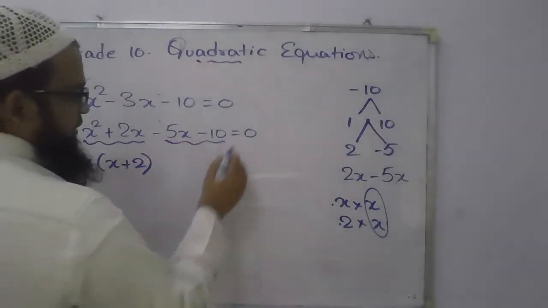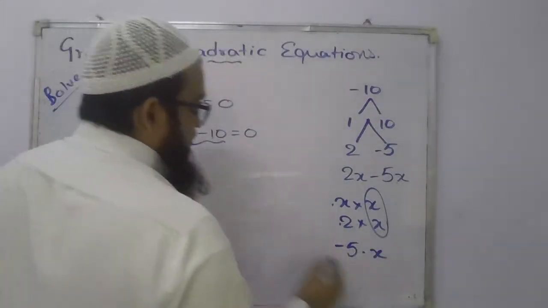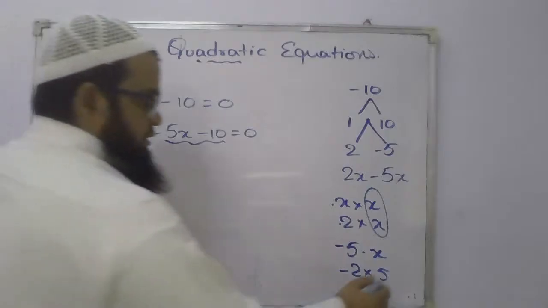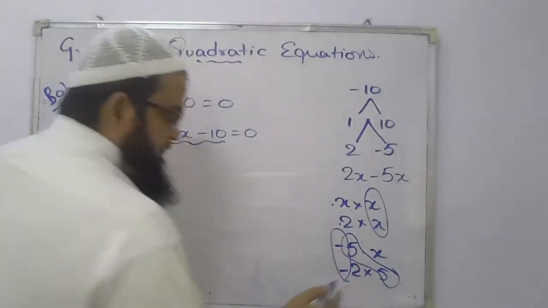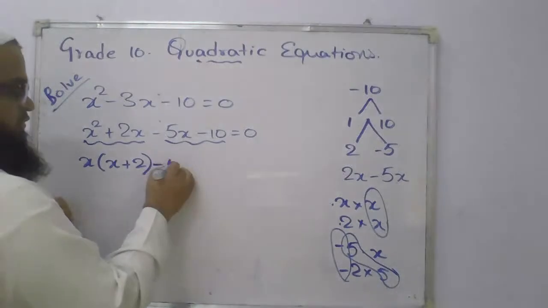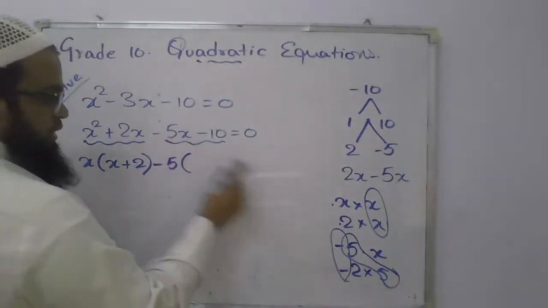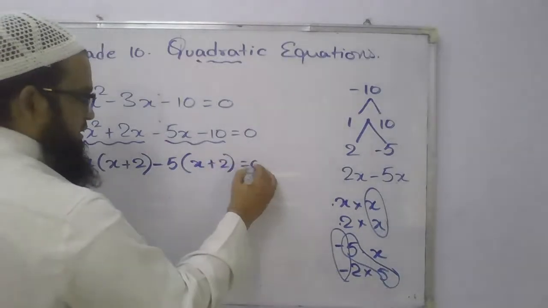And in the same way here, minus 5 into x and minus 2 into 5. Which is common? 5 is common, and also the negative is common. Take negative 5. If I take negative 5, what is common over here? x plus 2 equals 0.